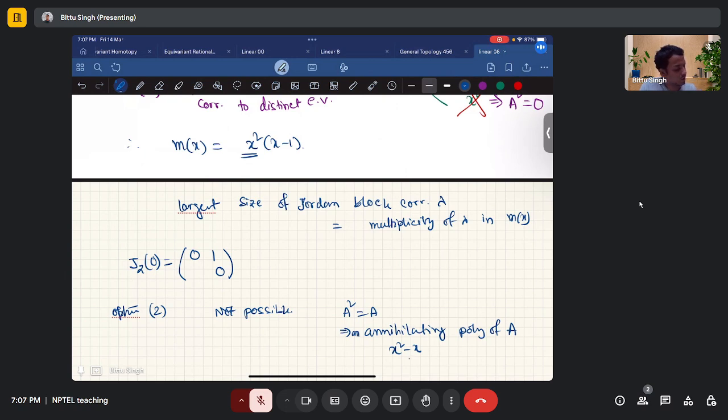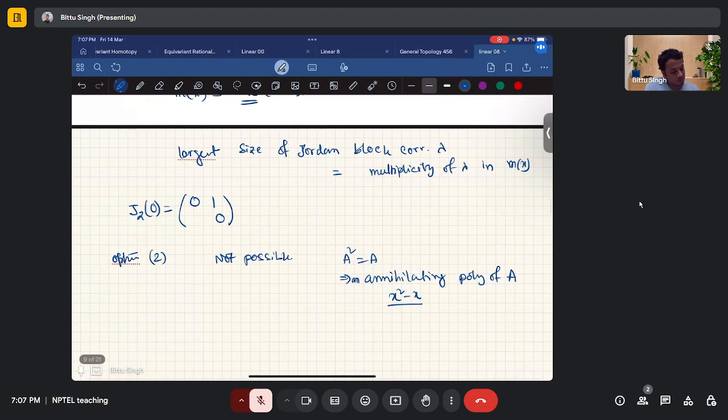But if this is true, then the degree of the annihilating polynomial is less than the degree of the minimal polynomial mx, which is a contradiction. This is not possible because the minimal polynomial is the smallest degree annihilating polynomial.